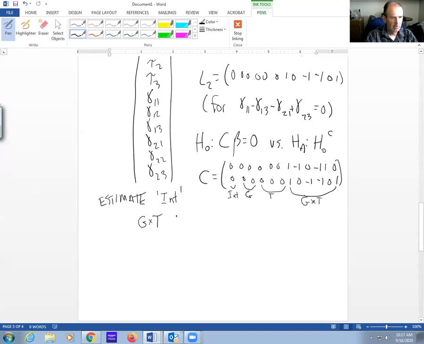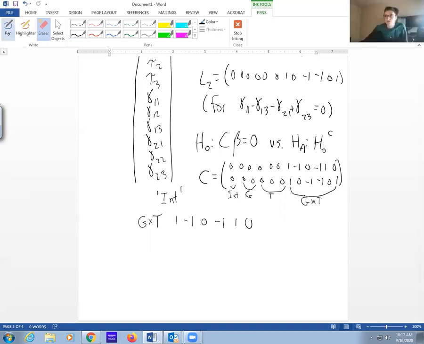So it'd be 1, -1, 0, -1, 1, 0. But we have 2 rows, right? And so that's why we can't use estimate. What do we have to use here? Contrast. Yes. We have to use a contrast when there are multiple rows. If there's only one row you can do an estimate, but otherwise it's contrast. Now, how do we get that second row?